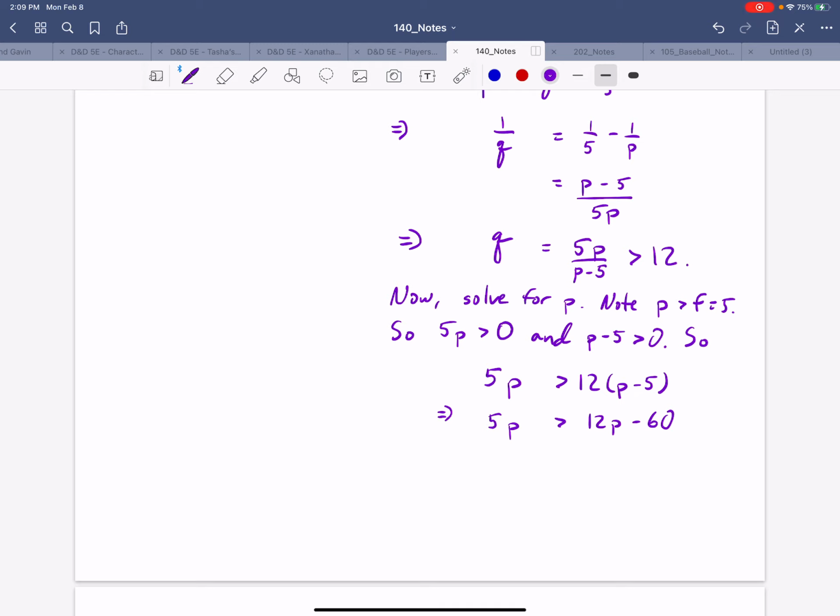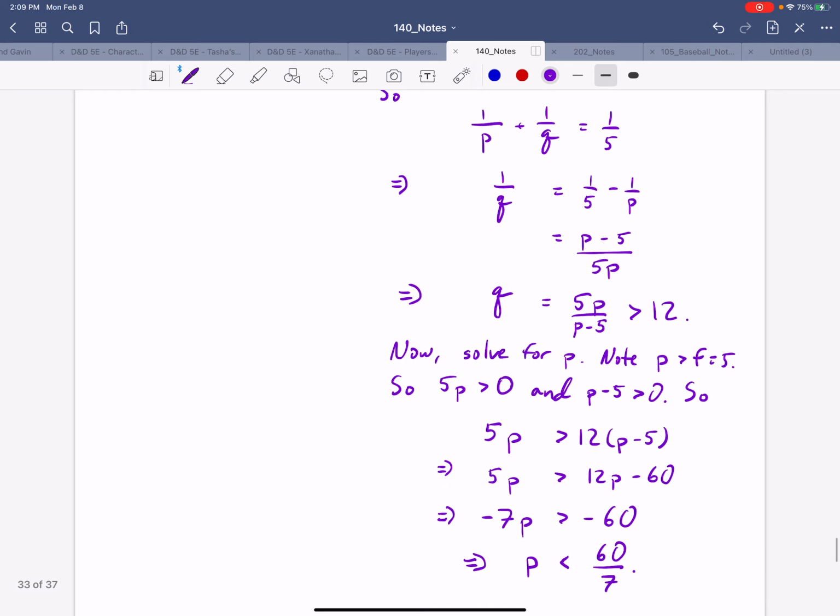Now we're going to subtract 12P from both sides. So that implies that negative 7P is less than negative 60. And then for our final answer, we're going to divide by negative 7, so you have P is less than 60 over 7. Be a little careful, we're dividing by a negative, so you have to switch the order of that. Okay, but that's our answer.